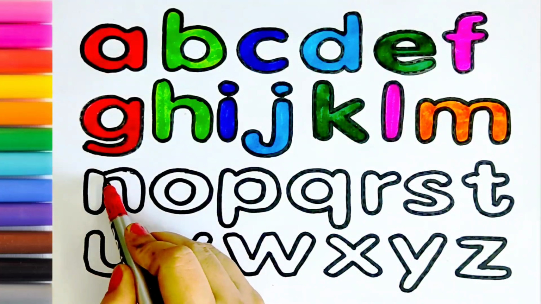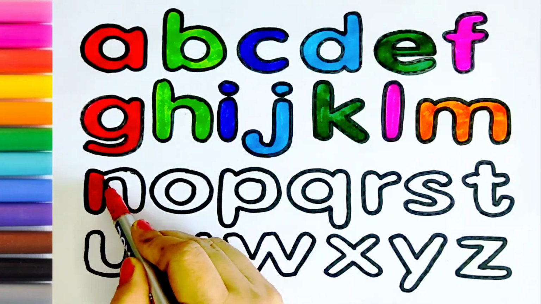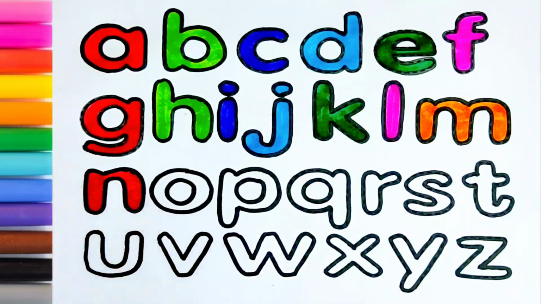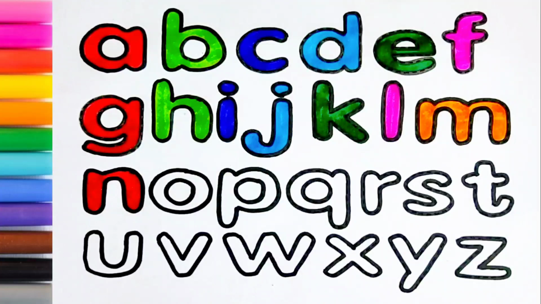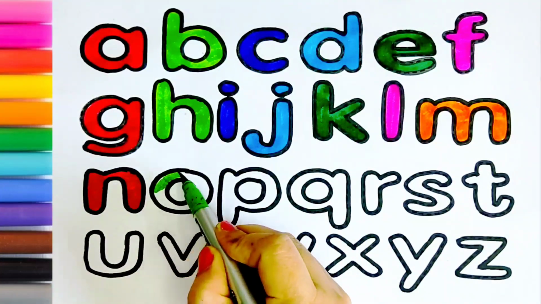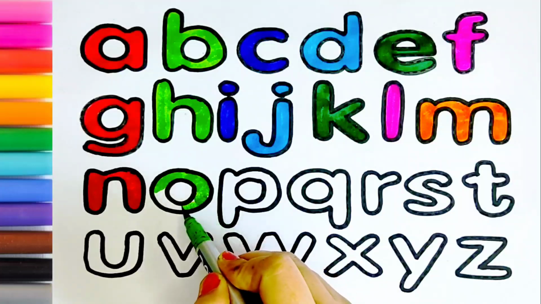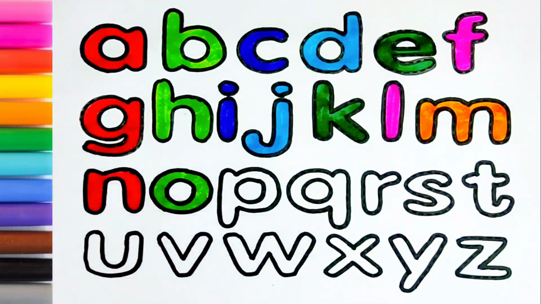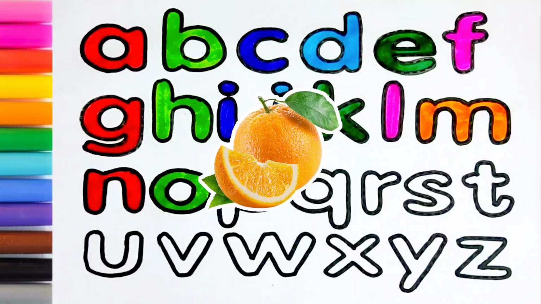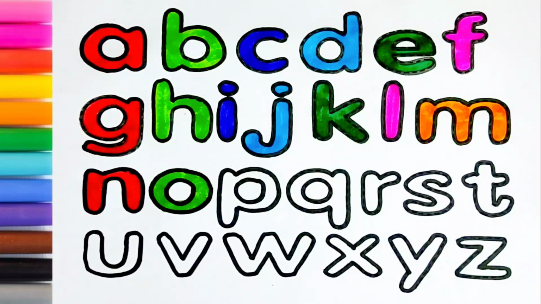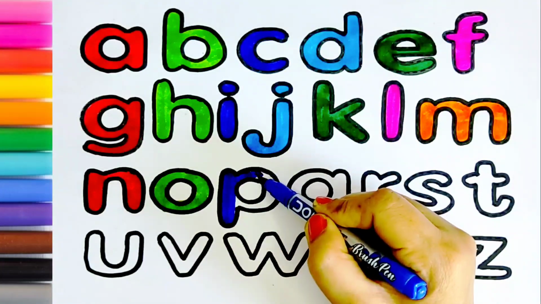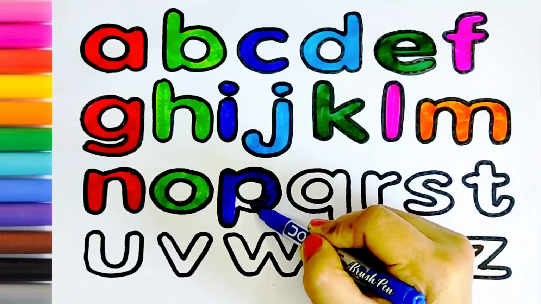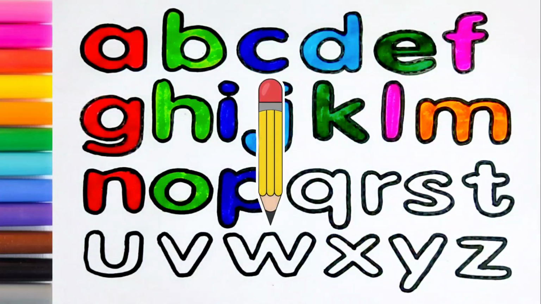Red color, N for nest. Light green color, O for orange. Blue color, P for pencil.